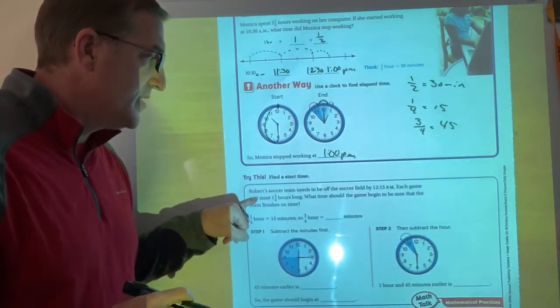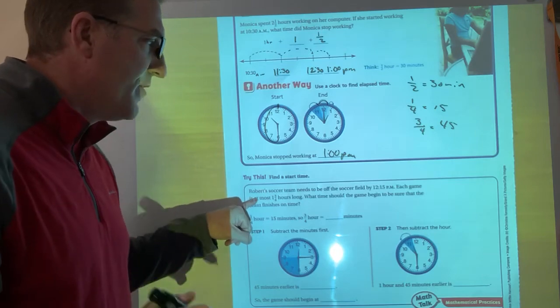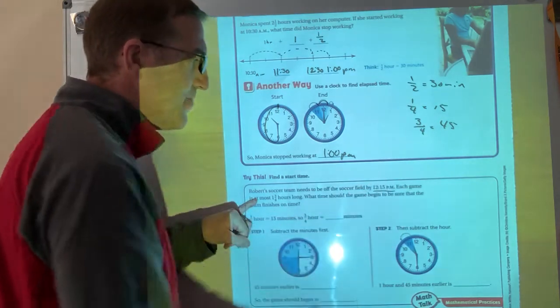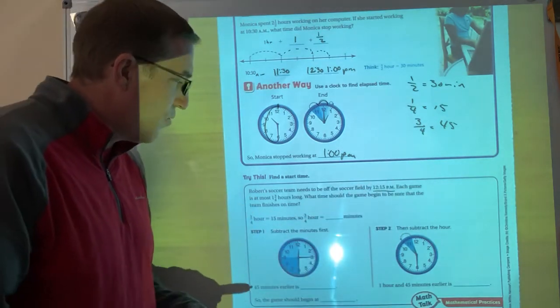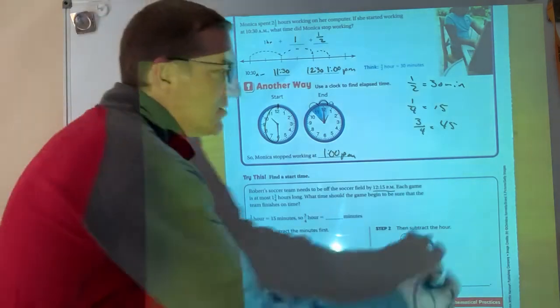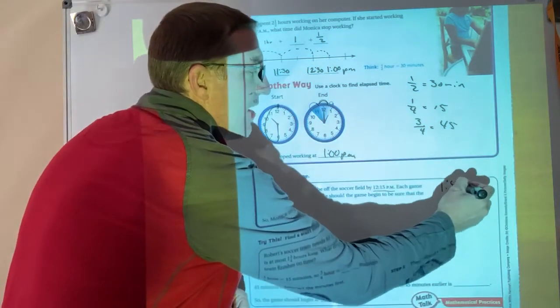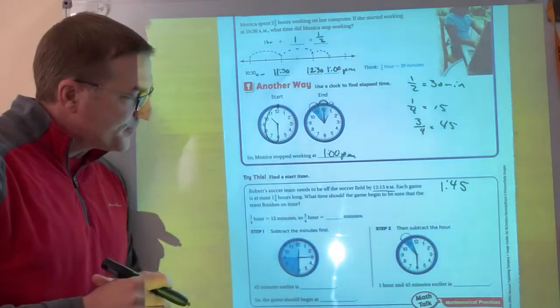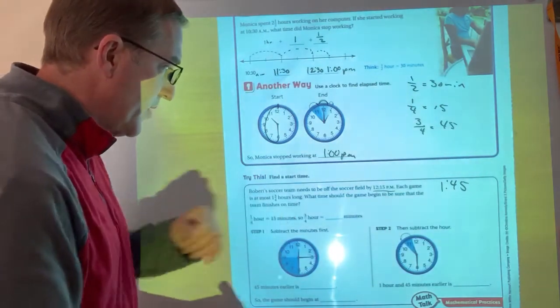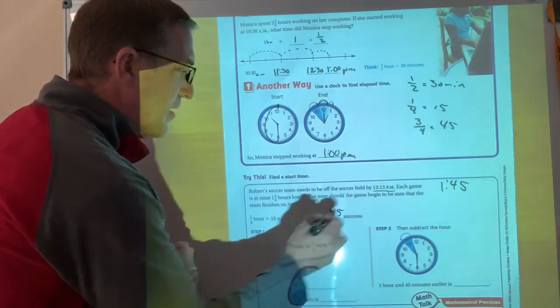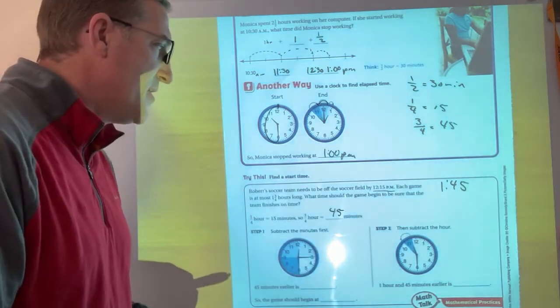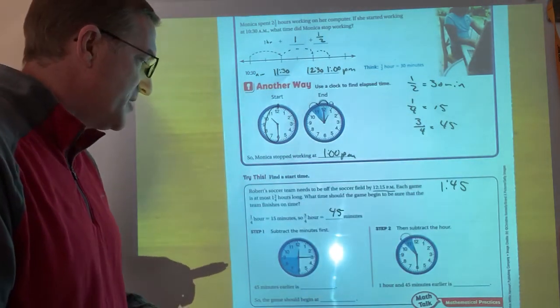Robert's soccer team needs to be off the soccer field by 12:15, so that's an end time. Each game is at most 1 3/4 hours long, so that's 1 hour and 45 minutes, okay? 3/4 of an hour is 45 minutes. So what time should the game begin to be sure that the team finishes on time?